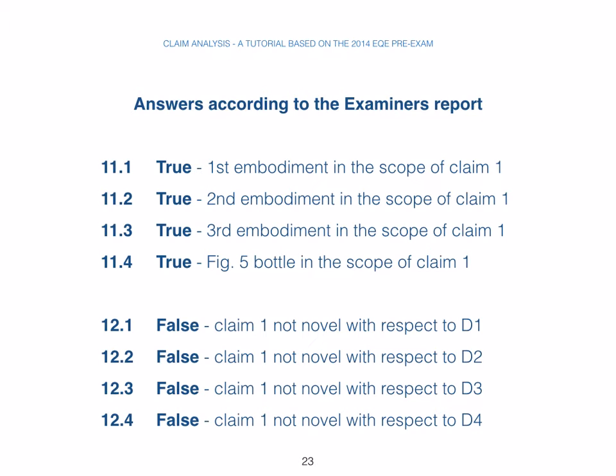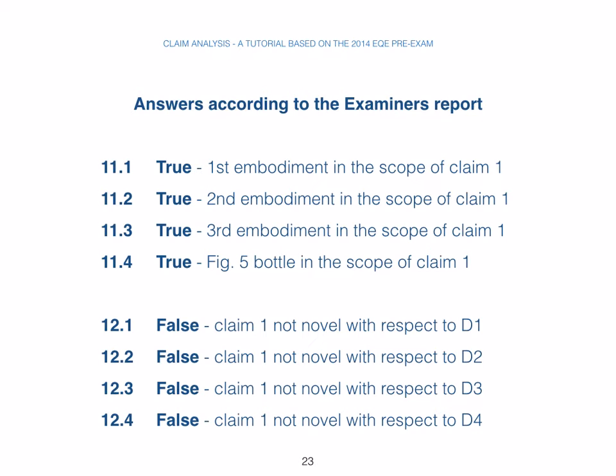Claim 1 is not novel with respect to D4. So did you get all of the answers right? Good. Any mistakes? Don't worry. We'll discuss these with the next slide.